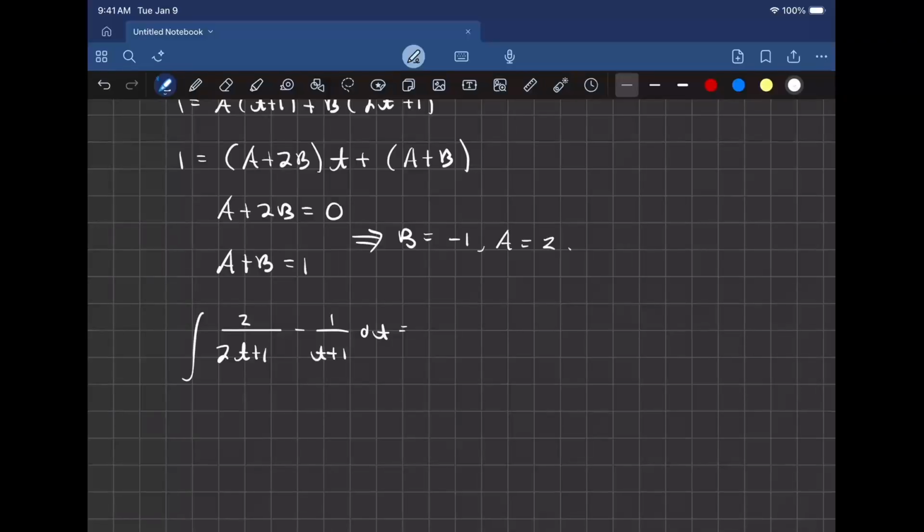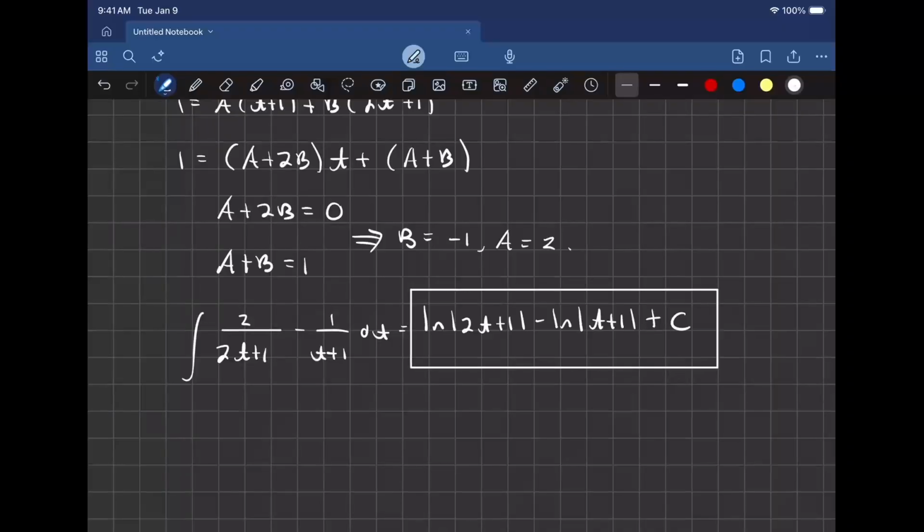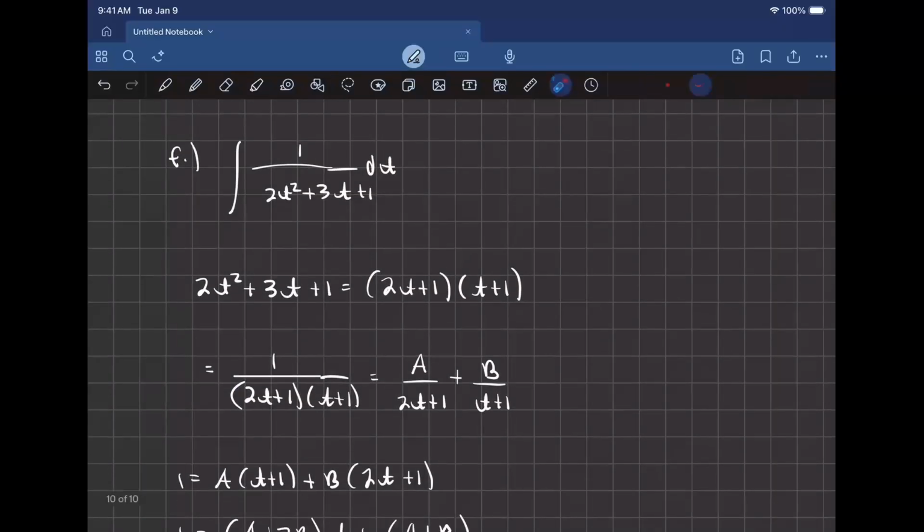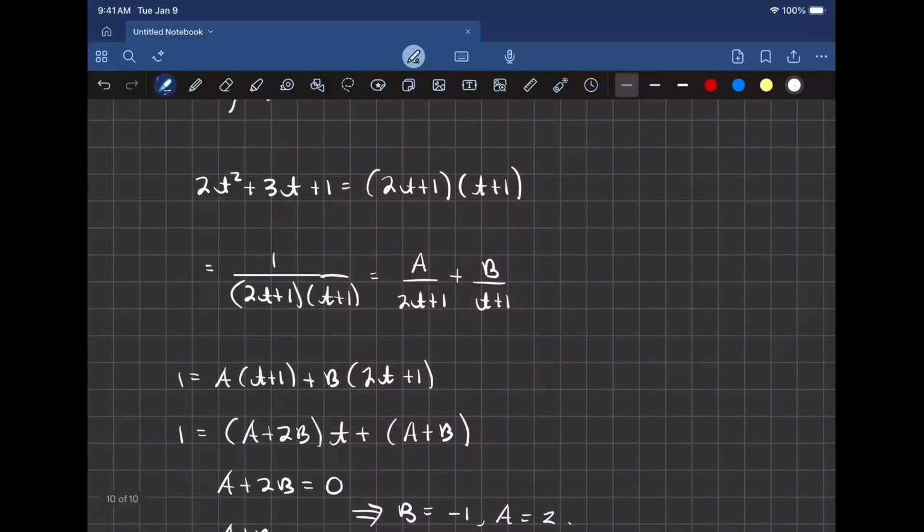So it'll just be natural log absolute value of 2t plus 1 minus ln of t plus 1 plus c, and that's the answer. So I factored the denominator, and then I performed partial fractions on it. And we just looked at linear factors here.